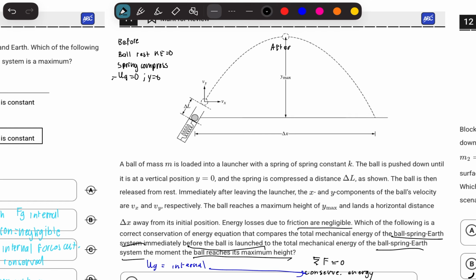UG is equal to mgh, h is equal to 0, therefore it's equal to 0. So your initial energy is just going to be equal to 1/2 k delta L squared, because your UG was 0.